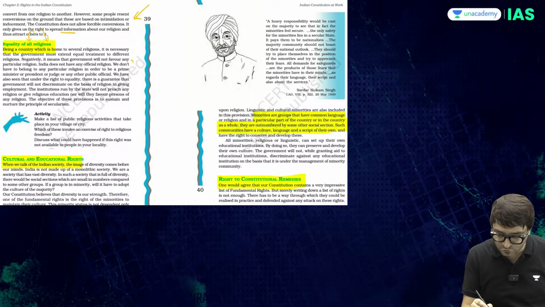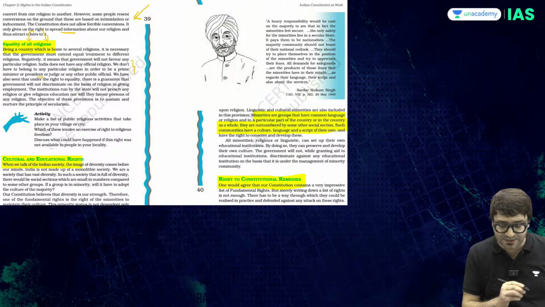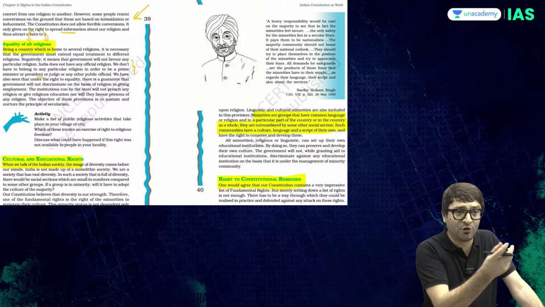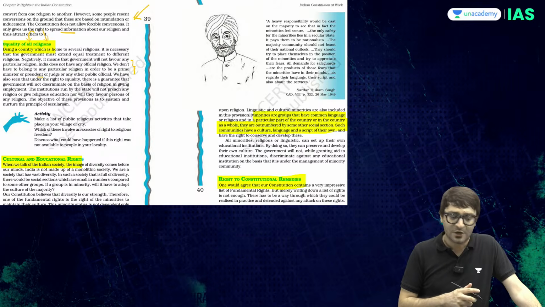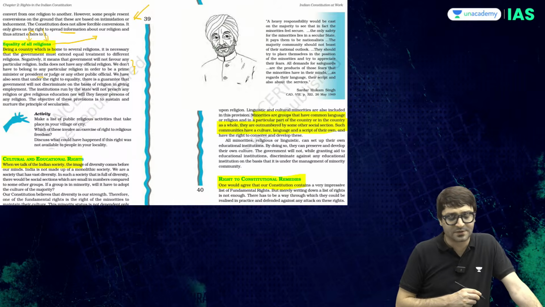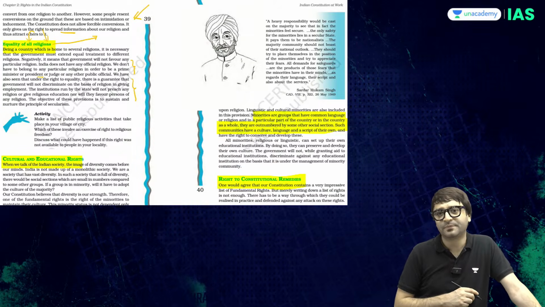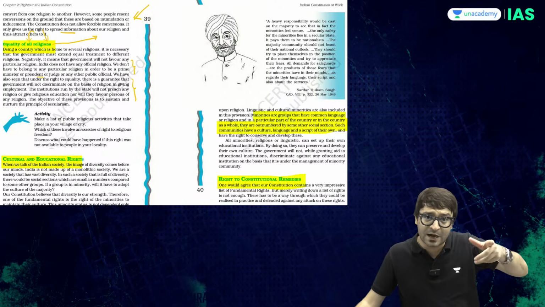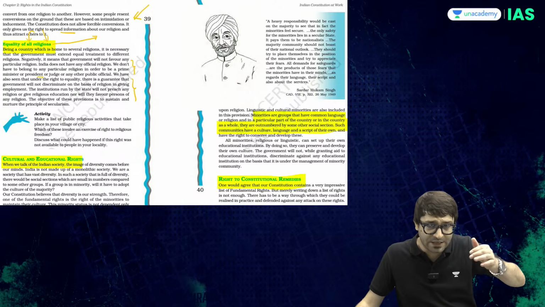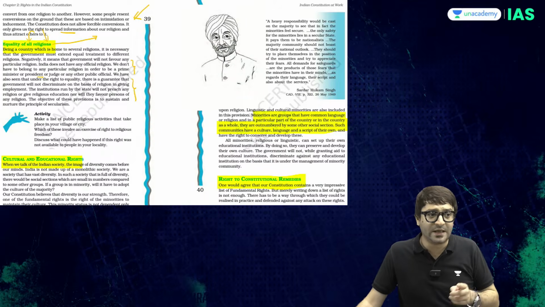We don't have to belong to a particular religion in order to become the Prime Minister or President or a judge or to hold government office. So that is what we call equality of all religions. There is no discrimination on the basis of religion. Even government educational institutions and universities cannot promote a religion.